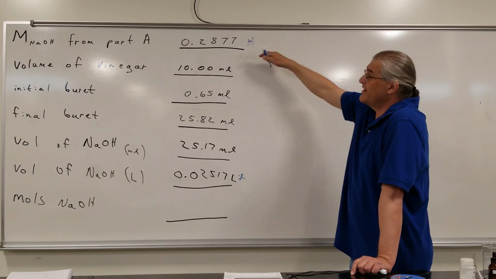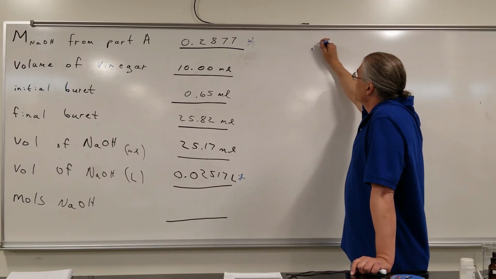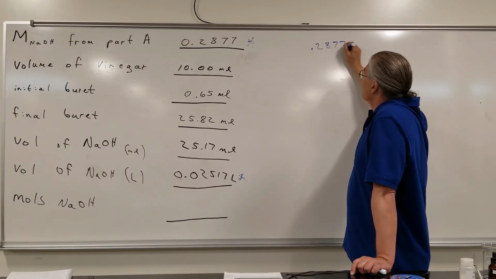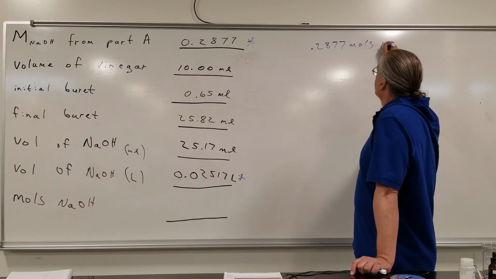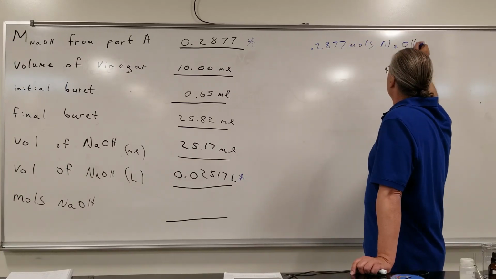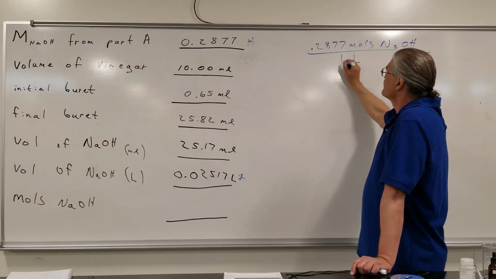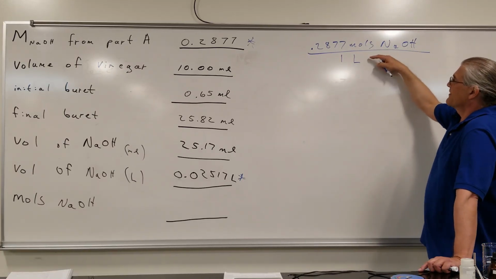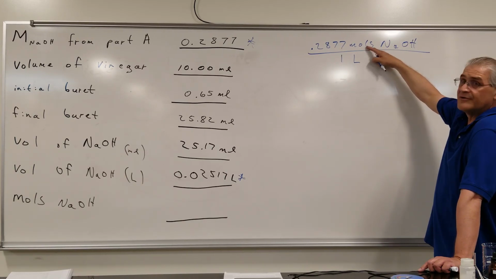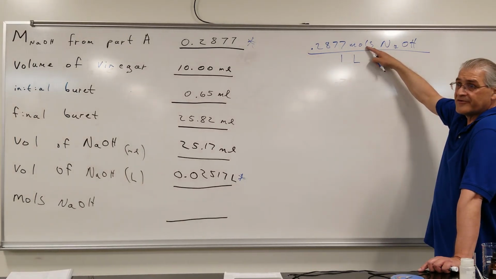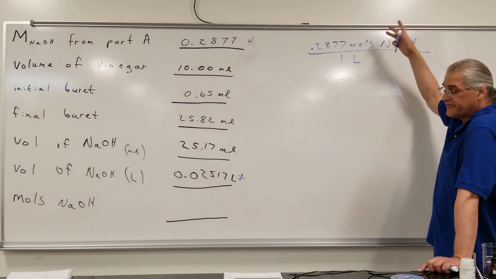That 0.2877 means 0.2877 moles of sodium hydroxide per 1 liter of solution. So this is your conversion factor. It lets you convert liters into moles, or if you flipped it upside down, moles into liters.